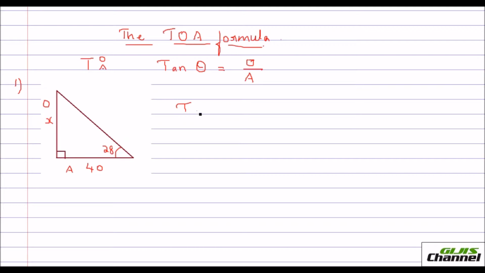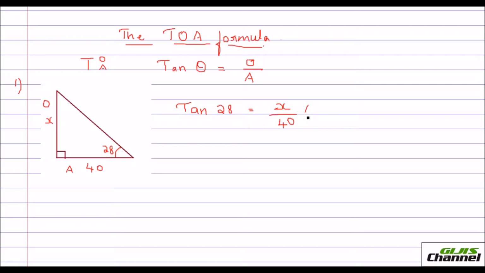So my tan theta, I'm just plugging in the values. Tan 28 is equal to opposite, which we don't know, so let's take it as x, divided by the adjacent, which is 40.